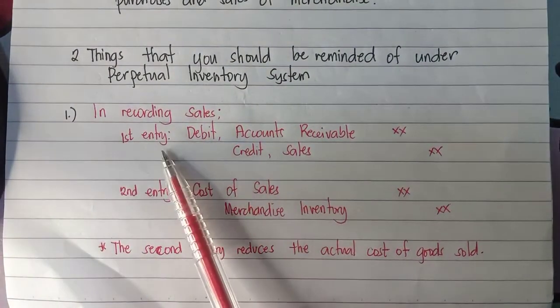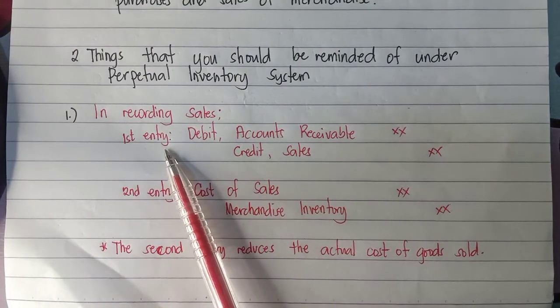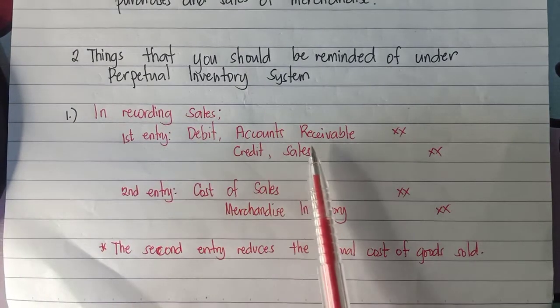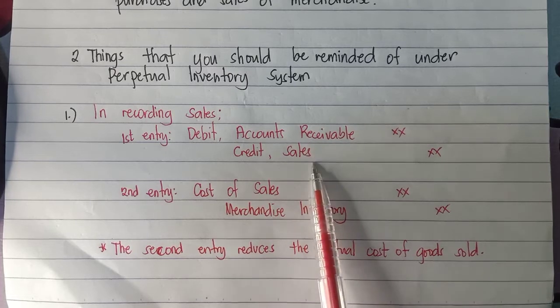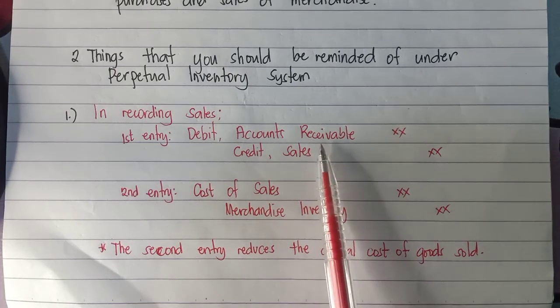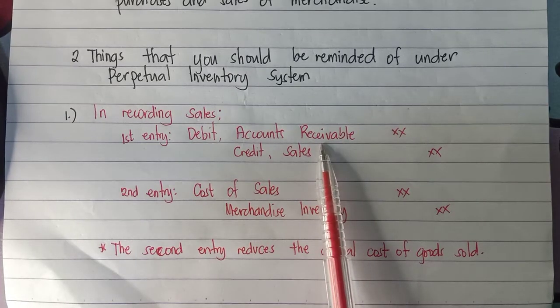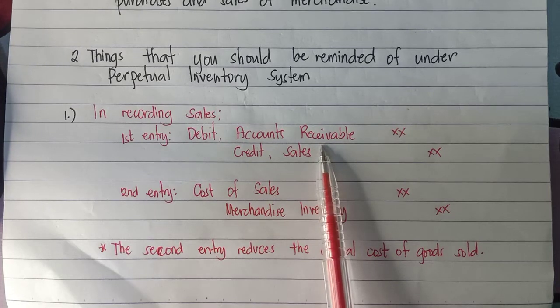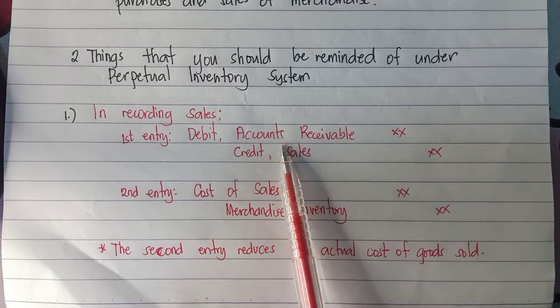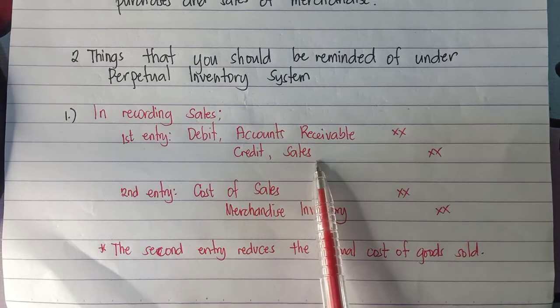In recording sales, we have two entries. First entry is we have to debit accounts receivable and credit sales. So, we debit accounts receivable if we sell the products or the merchandise on account. So, ibig sabihin, meron pa tayong receivable sa customer. Debit accounts receivable, and credit sales.